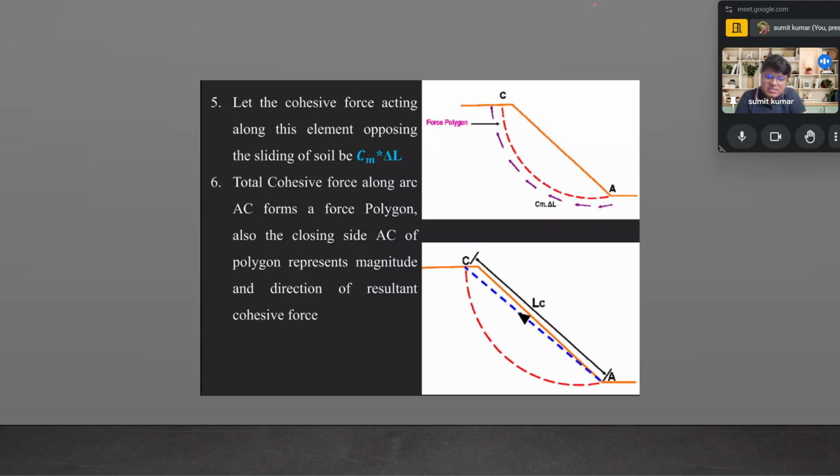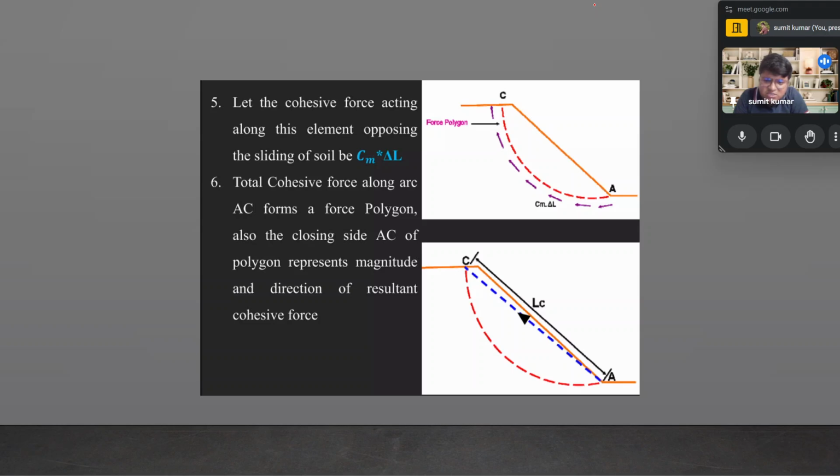Let the cohesive force acting along this element, opposing the sliding soil, be Cm into delta L. So the total cohesive force along the arc AC forms a force polygon.